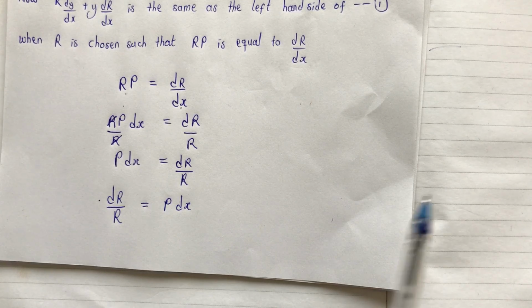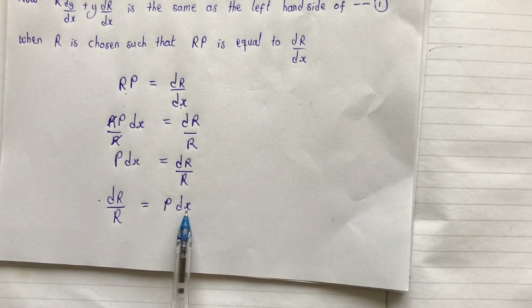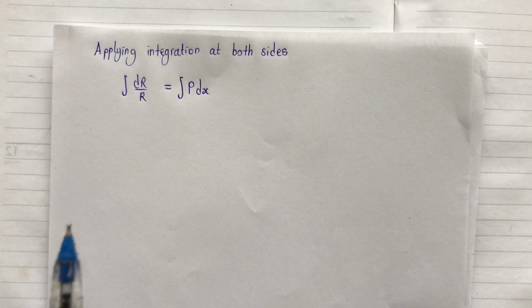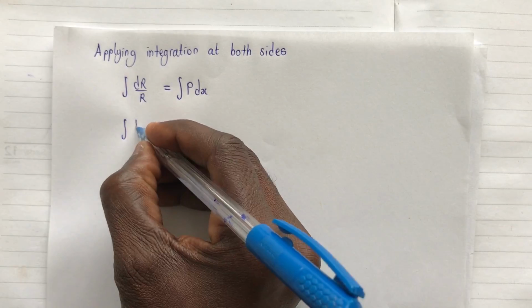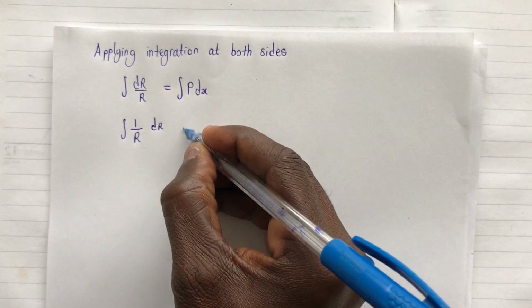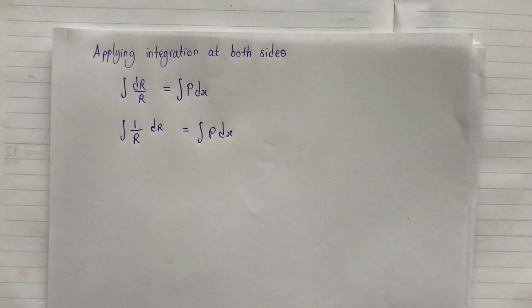Now we can apply integration at both sides. We integrate this side and we integrate this side. Now let's move on. So when we apply integration at both sides, what are we getting now? I can rewrite this as the integral of 1 over r dr equal to the integral of p dx.